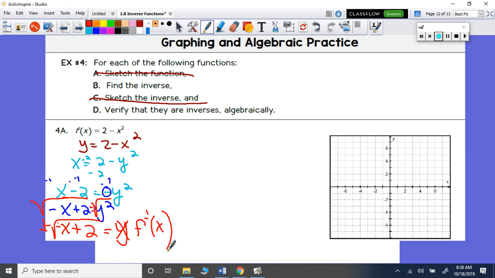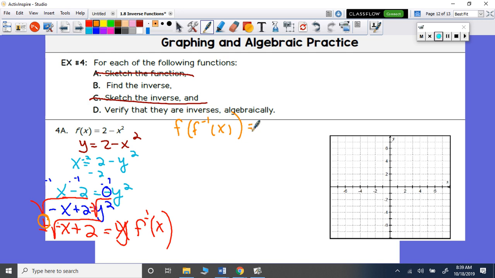That should not be a problem, okay? Now, when this happens, I'm only going to have you do the positive root for the next step. So write it both, but to show that they're true inverses algebraically, when I compose, I'm just going to have you use the positive root.